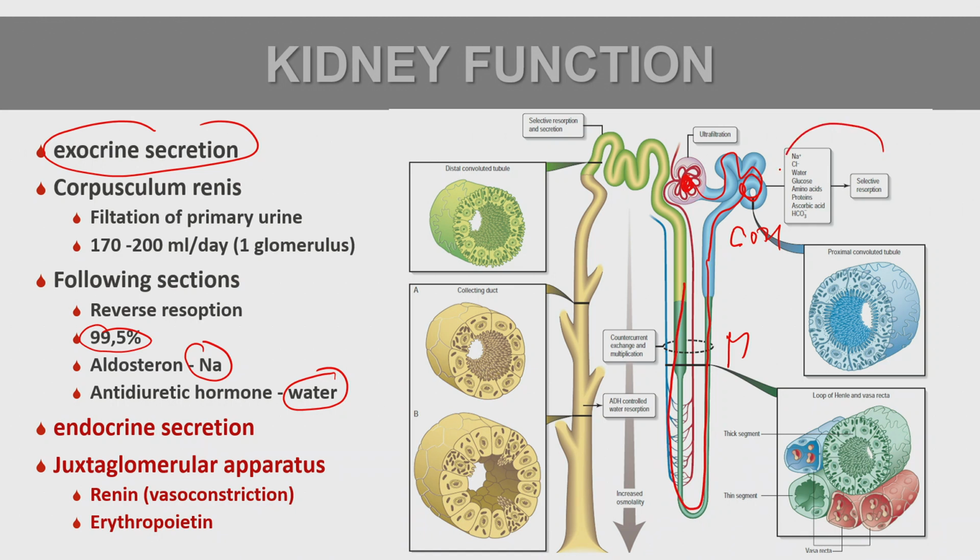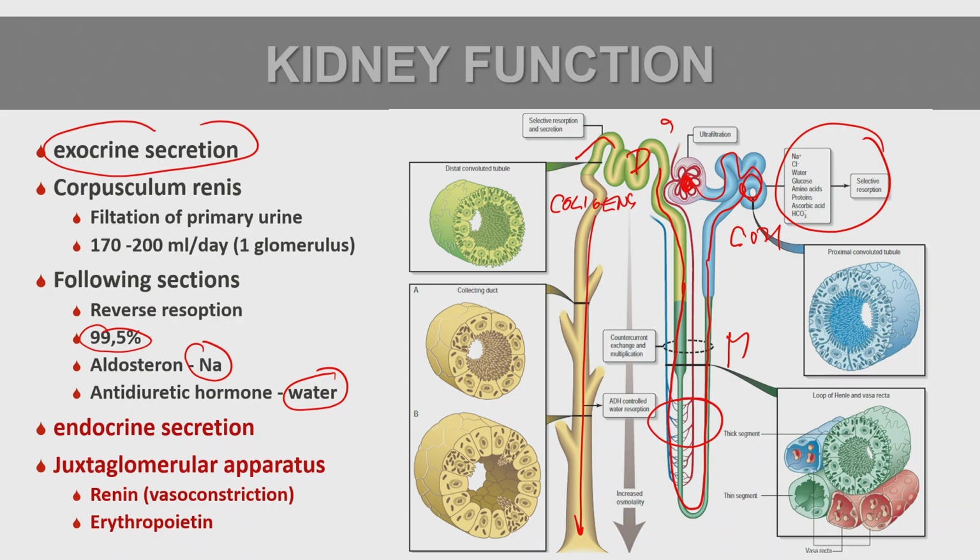Here other important things are resorbed, glucose, amino acids, etc. And here the urine is concentrated, going back to the cortex with the distal tubulus, and from the distal tubulus it goes to the collecting system, colligans, and then the collector, which leads urine to the papilla and to the real collecting system of the kidney.